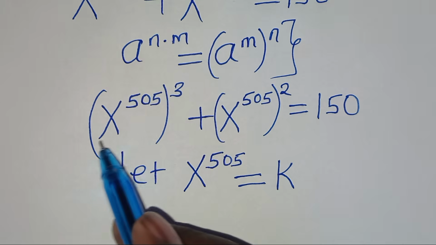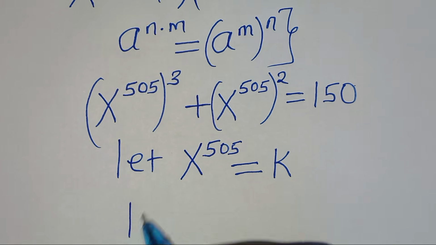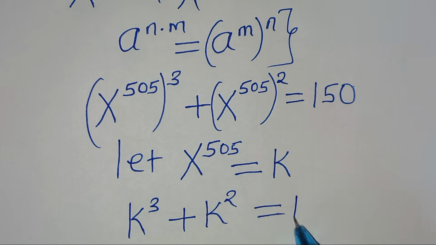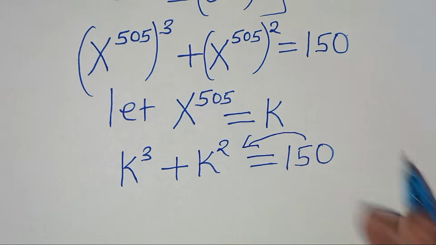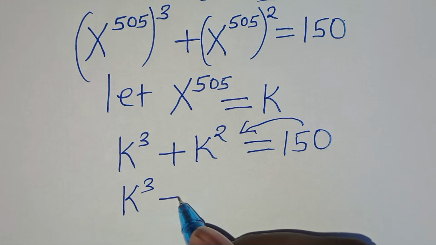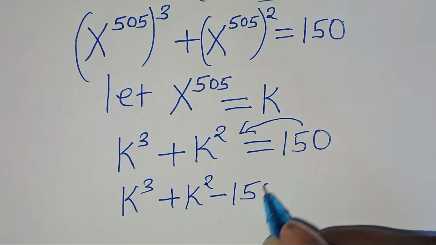So let's express this equation in terms of k, so that we have k to the power of 3 plus k to the power of 2. This is equal to 150. So let's take 150 to the left hand side, so that we have k to the power of 3 plus k to the power of 2 subtract 150.